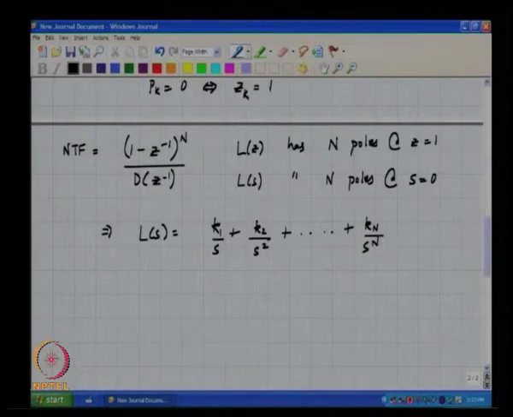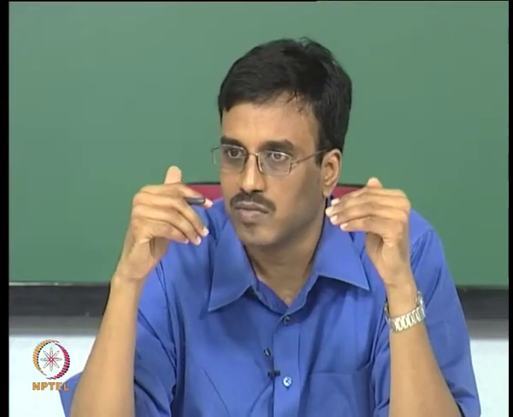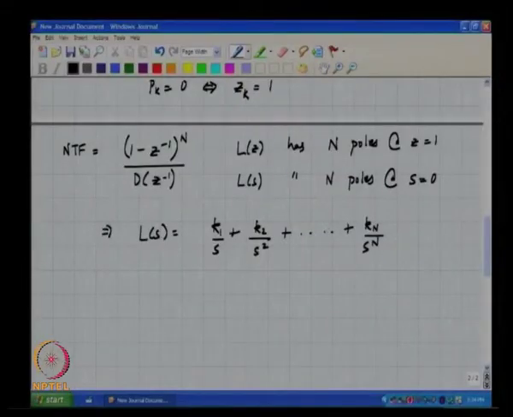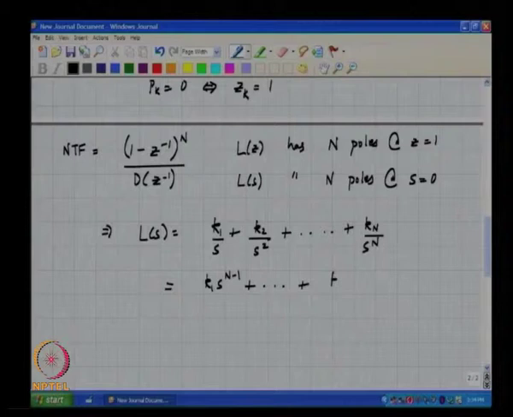In other words, you have n poles and the denominator is fixed. We have n poles all at s equal to 0 and the numerator is arbitrary. Please note that this is equivalent to k1 s to the power n minus 1 plus and so on, plus kn, divided by s to the power n.